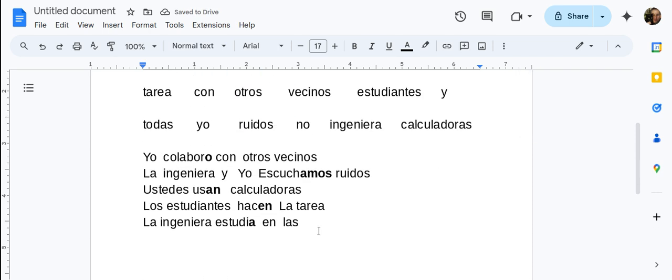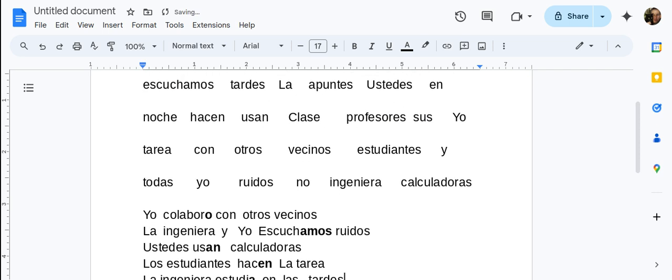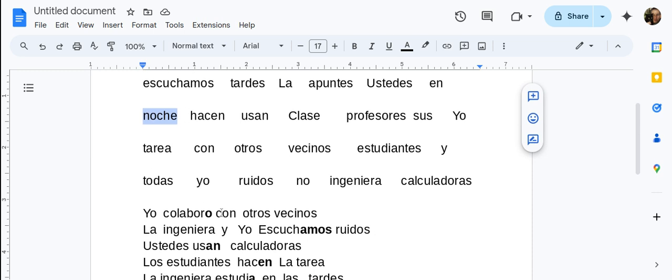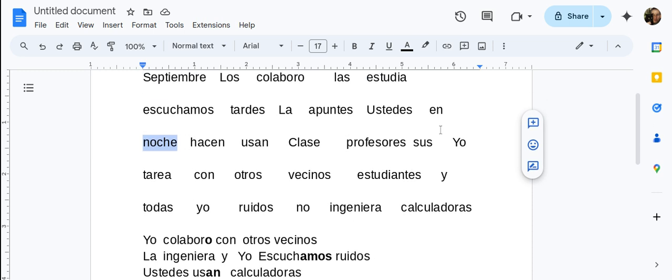So I couldn't find what she studies, but I can do that she studies in the afternoons. Now I can do a sentence with night. I collaborate with all neighbors in the night. In the, I have to use that word because night is a female noun.